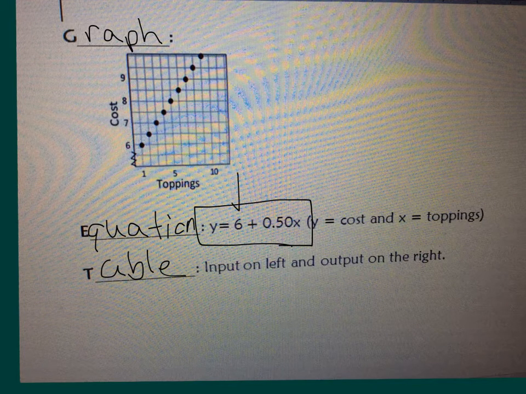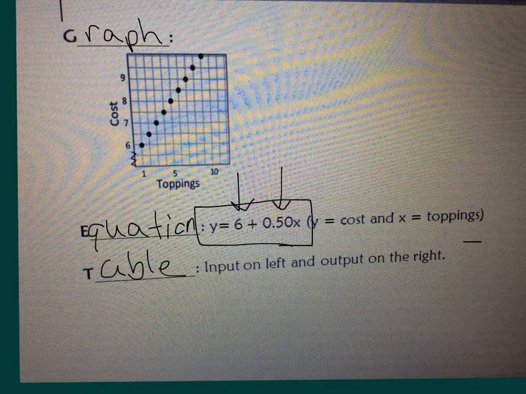We began with 6 of something, and then it is increasing by 50 cents per x. Then it tells us over here, x is the number of toppings, y is the total cost. So 6 must be referring to dollars, and that must be 50 cents per topping.